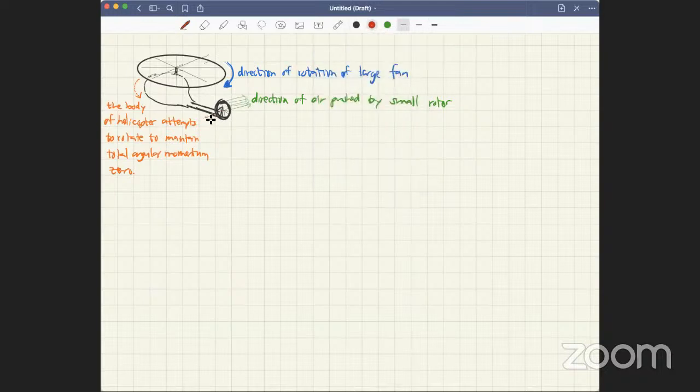This is the direction of force exerted by air on small rotor.